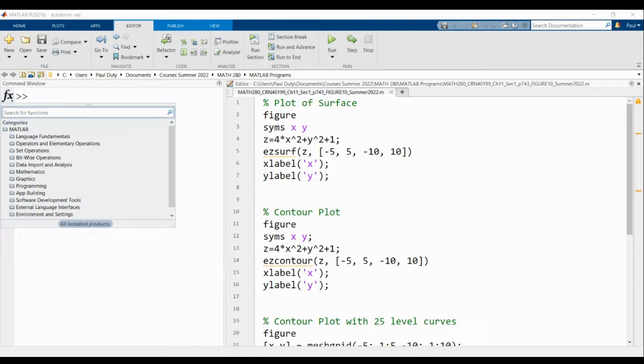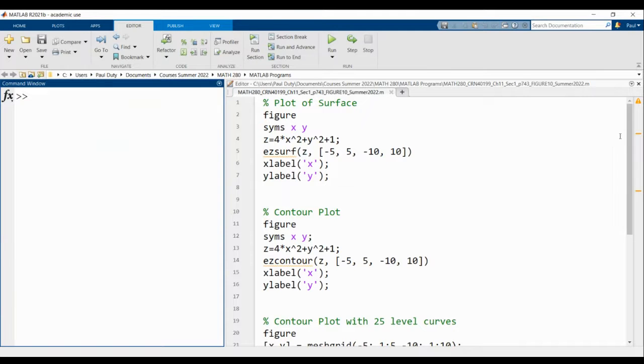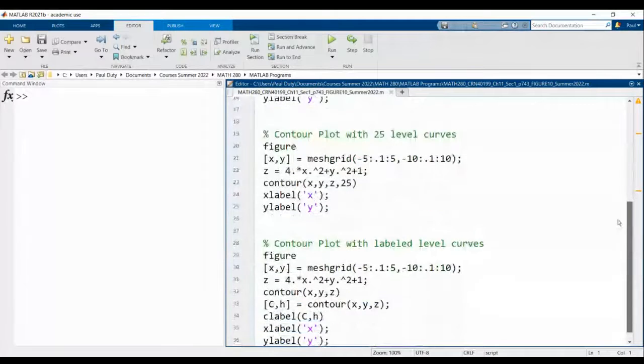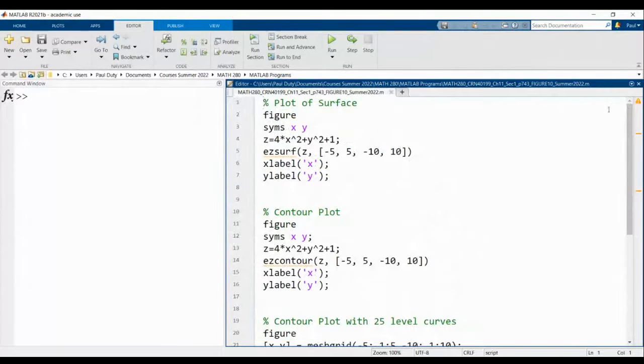But on that note, for this particular MATLAB program, I'm going to plot the surface, and then I have some different contour plots.